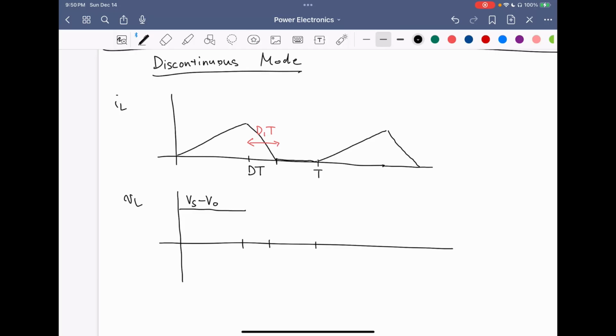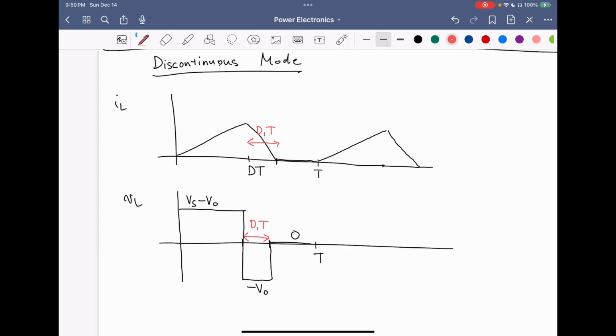And then during the d1T interval, we're going to have the inductor voltage be negative Vo. And then during this final interval here, the inductor voltage is just zero. This is d1T.